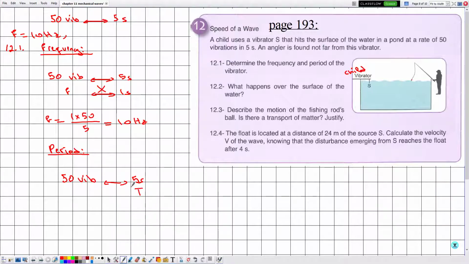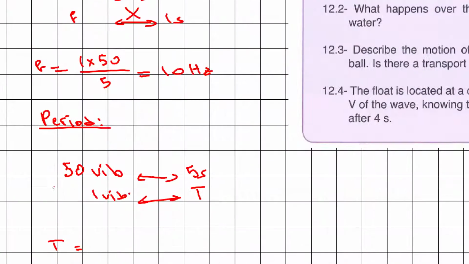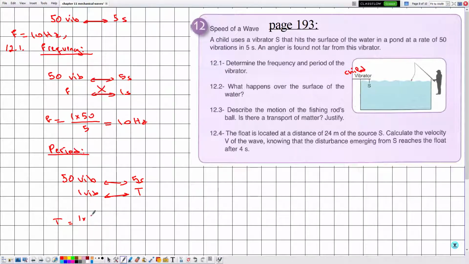Now what about the period T, which corresponds to 1 vibration? The period would be given by 1 multiplied by 5 divided by 50, and this is equal to 0.1. Since everything is expressed in the SI, the SI unit of the period would be seconds.